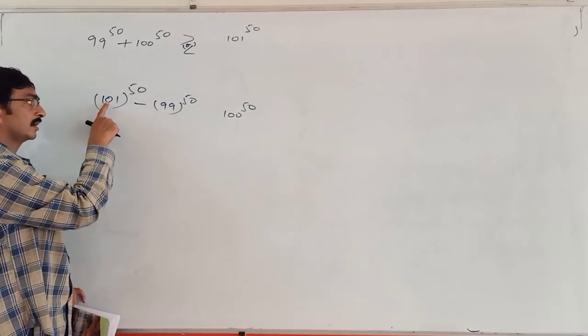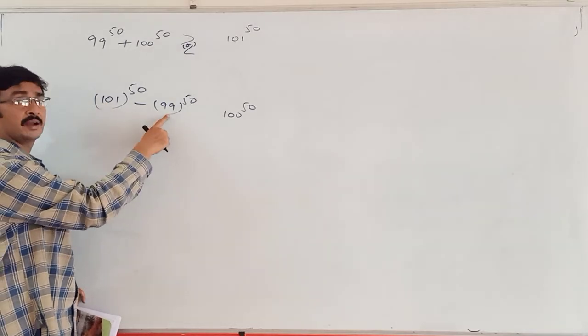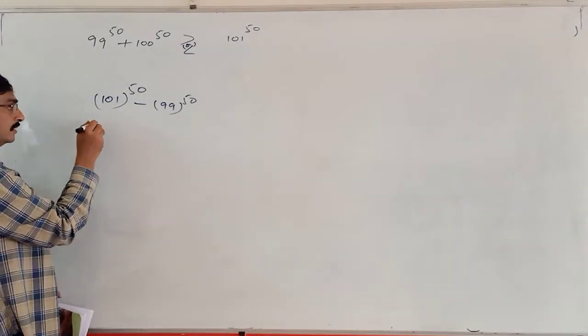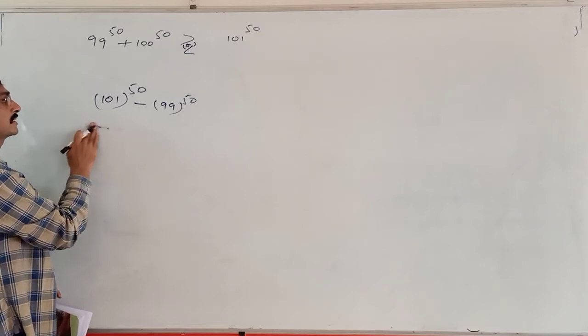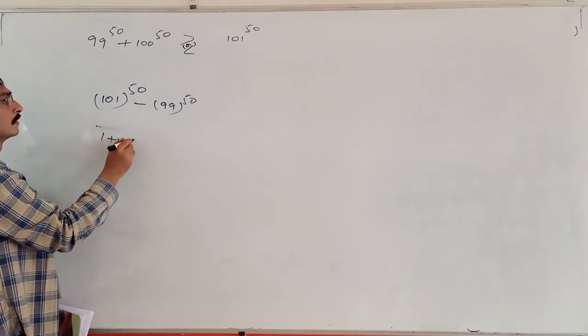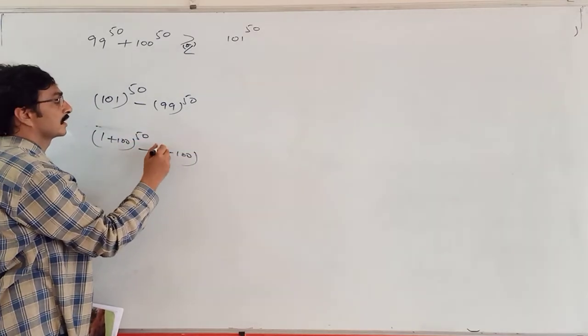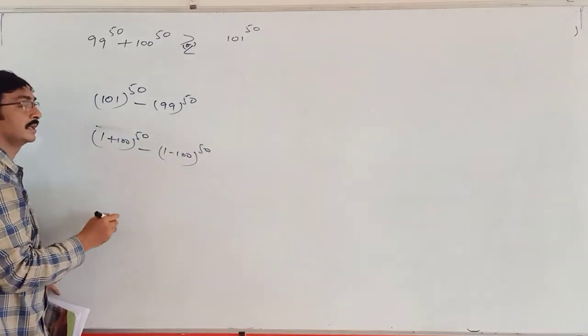Because we can express 100 plus 1 and 100 minus 1, that is the logic. Like so: 1 plus 100 whole power 50, and this is 1 minus 100 whole power 50.